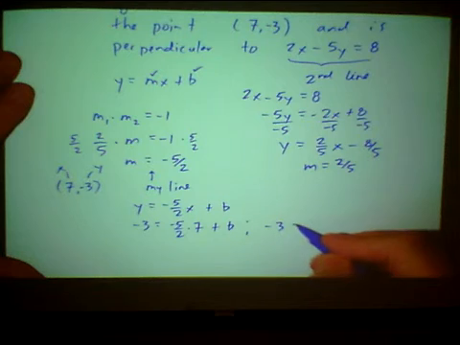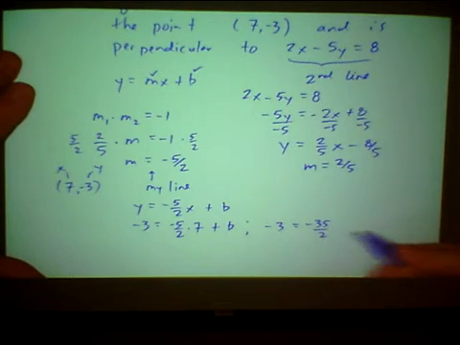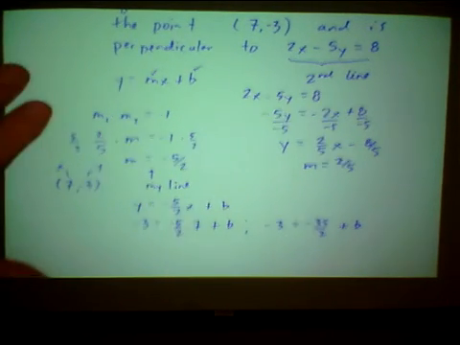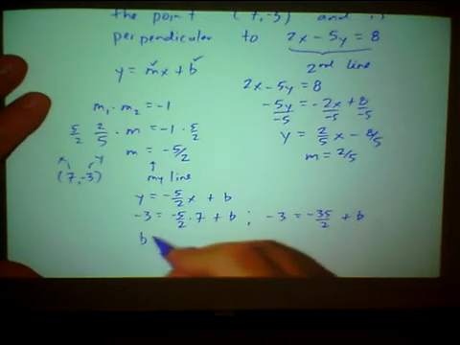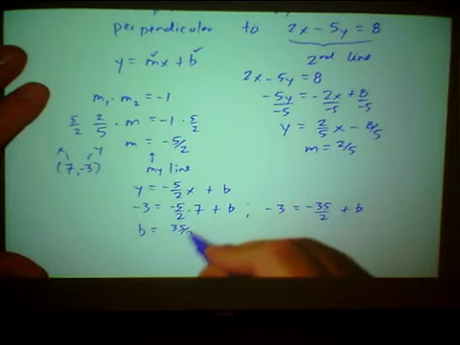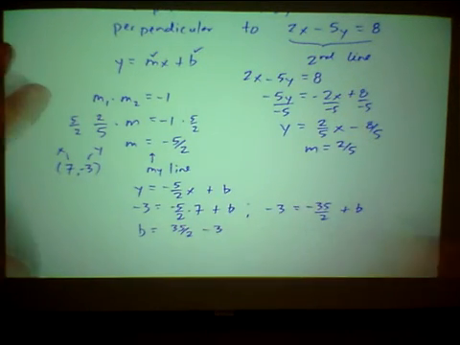So -3 equals -35/2 plus b. If I want to solve for b, I'll add 35/2 to both sides. So I have b equals 35/2 minus 3.